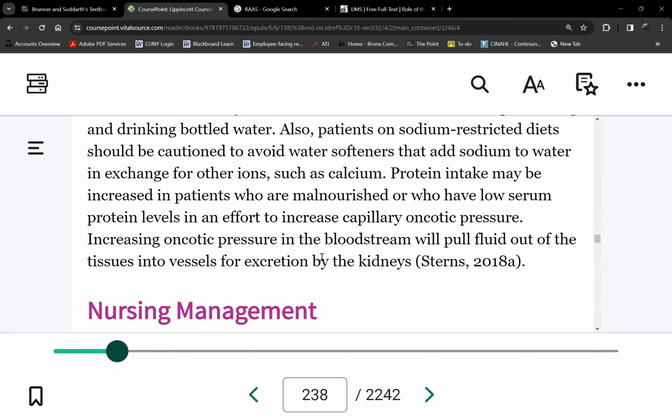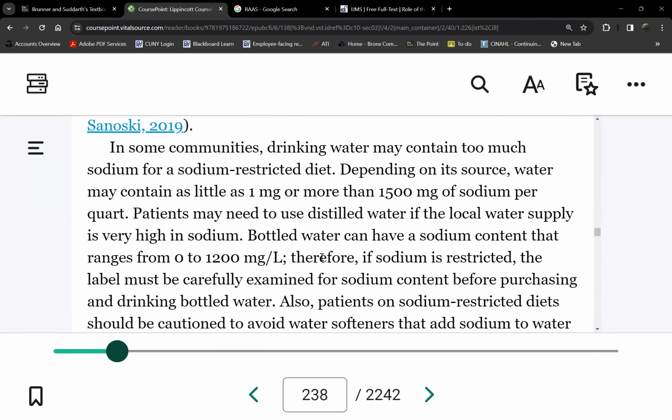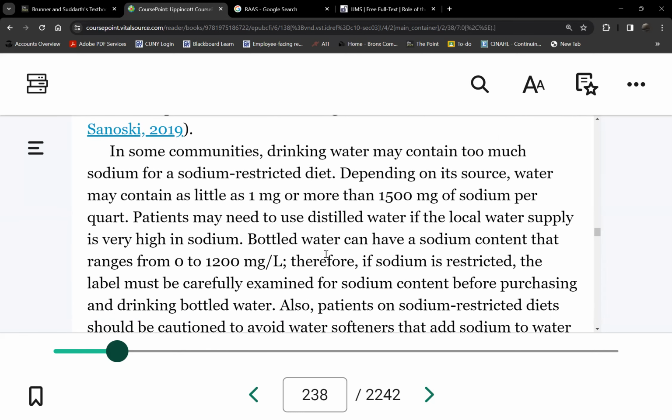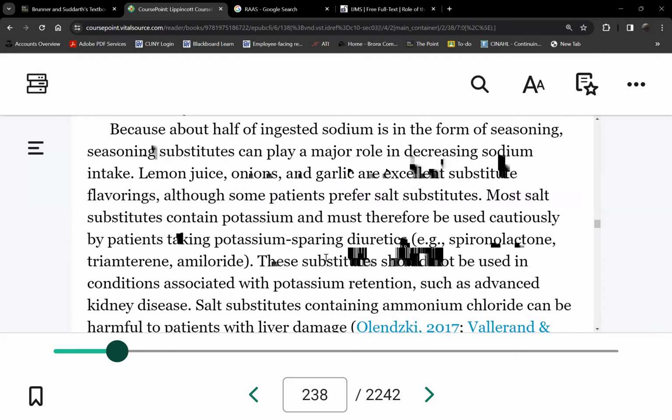Now with potassium again, because you may be giving potassium replacement here, because out of all the electrolytes, this is the most common deficiency. So you'll have more frequent problems with potassium as opposed to sodium.